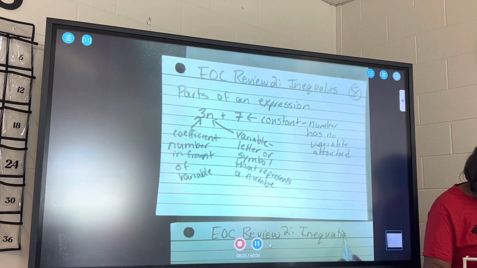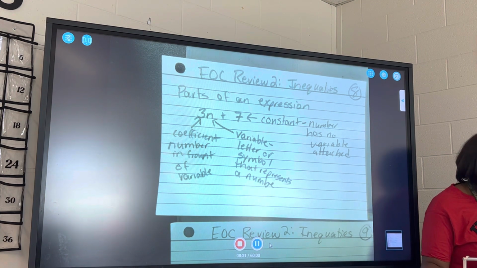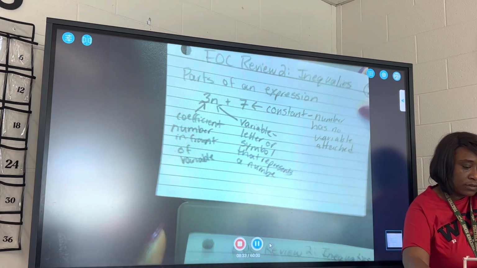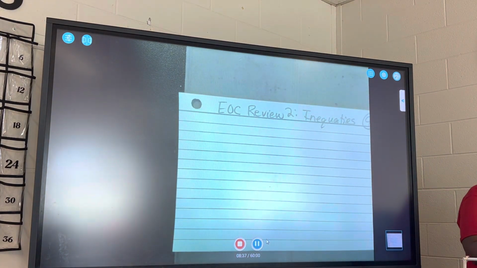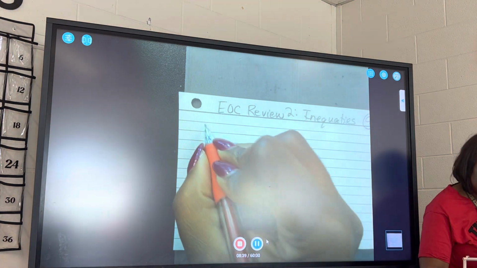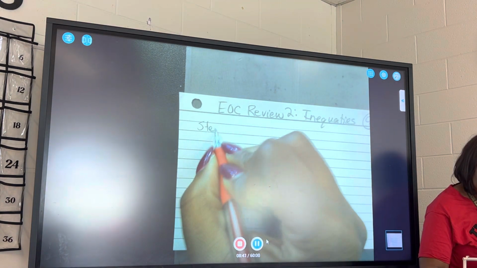The title of this is Inequalities. I keep spelling that crazy. This is card number 9. We're going to write the steps for solving equations.